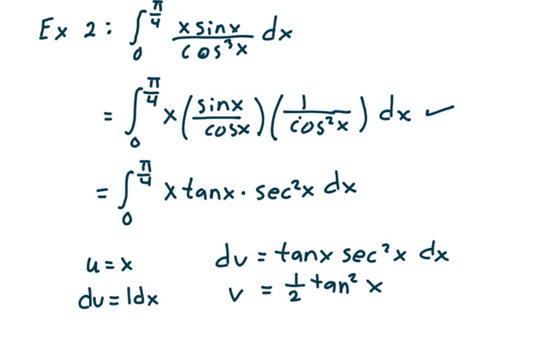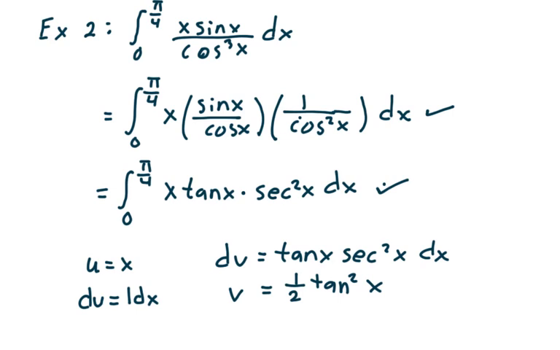And so sine x over cosine x is tangent x, and also 1 over cosine squared x is secant squared x. So this is the integral from 0 to pi over 4 of x times tangent x times secant squared x dx.